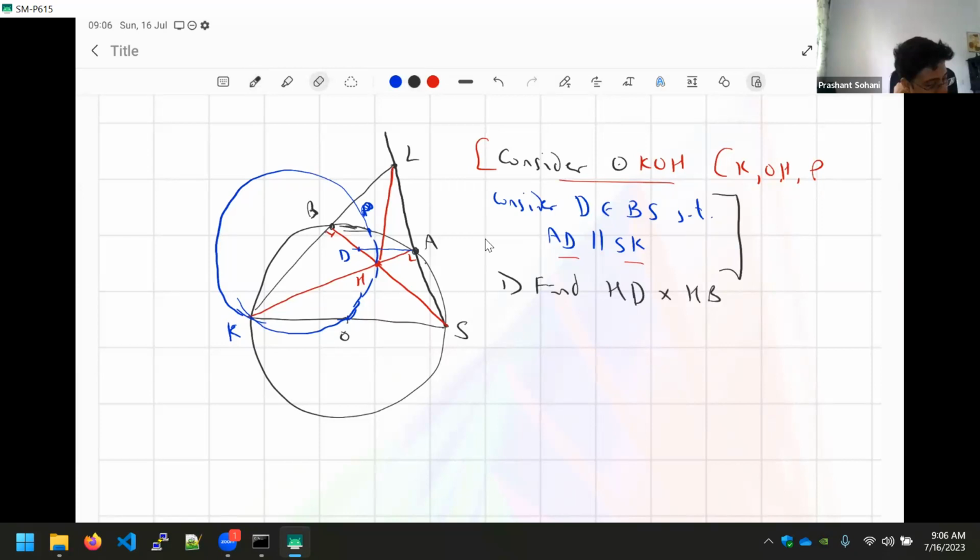And in fact, to encourage that, let me just temporarily remove this point P from the diagram, so that the focus of your attention is point D and not point P.